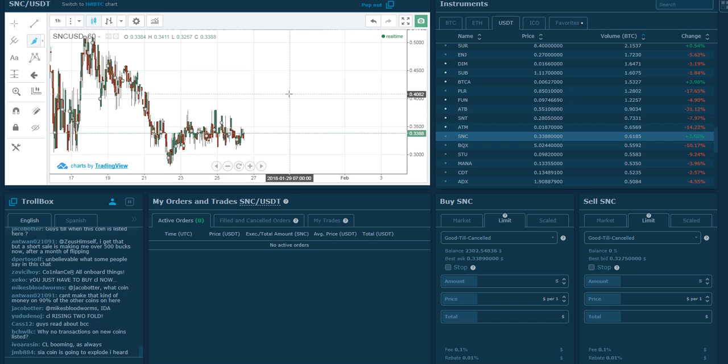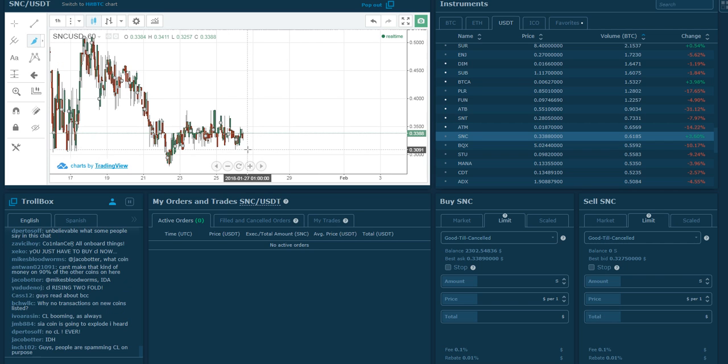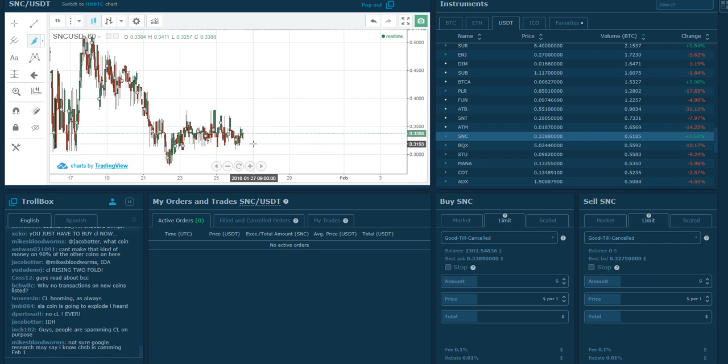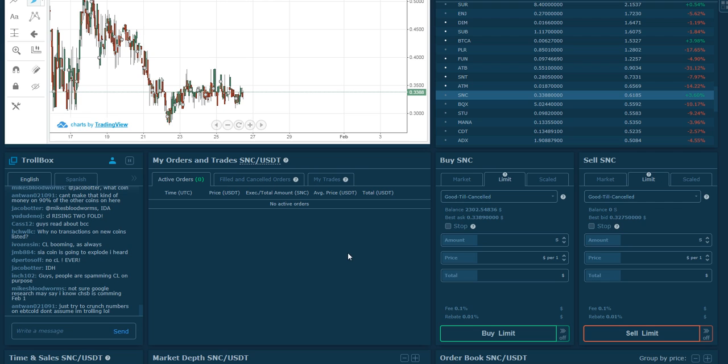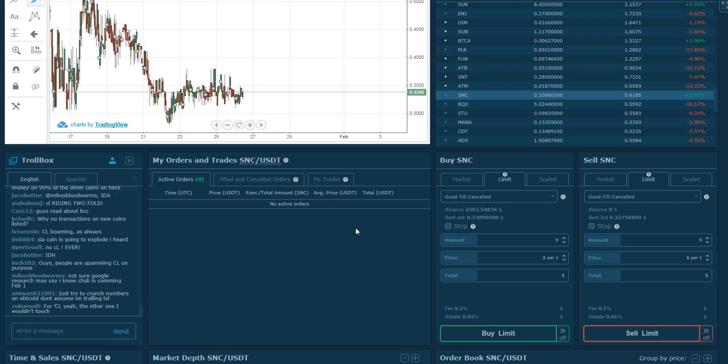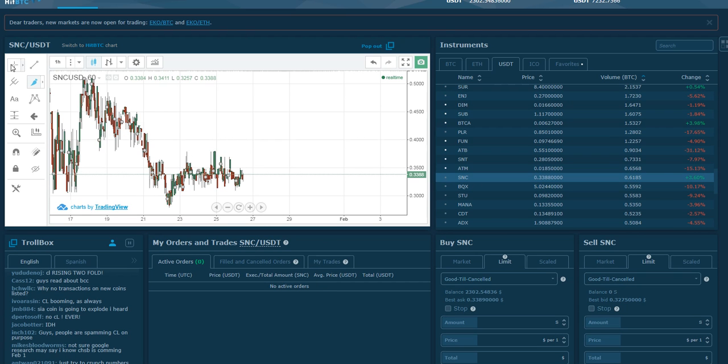Let's see. I want to flip this around. 31s for 35s. Even 32s for 35s. Be so good if I could do that. Let me do that later.